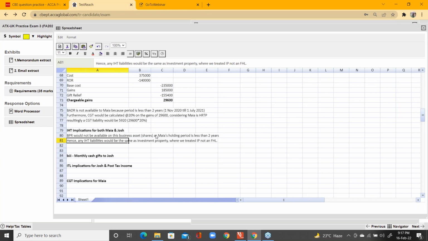Yes, let me answer, Gerald, as you asked: assuming she had held the shares for the stipulated period, she would be eligible, obviously, because unquoted company shares are always treated as business assets and she would also meet the criteria of the holding period. So any disposal of the shares would also qualify for business asset disposal relief. Then, irrespective of the status of the taxpayer, we would be charging capital gains tax at 10% under business asset disposal relief.